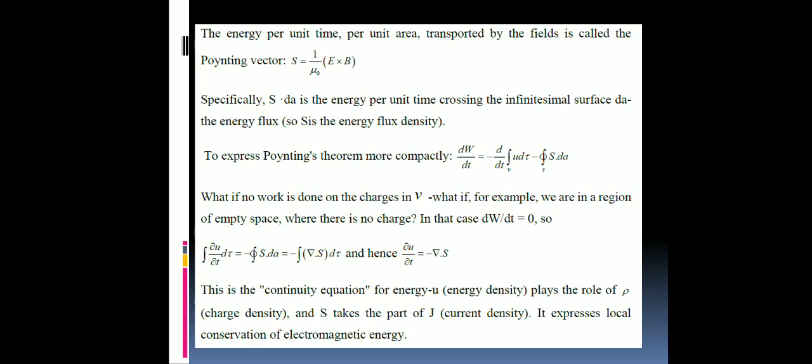If no work is done on the charges in volume V, that is, there is no charge, in that case dW by dt is 0, so that integral of dou u by dou t d tau is equal to minus closed surface integral of S dot dA, that is equal to minus integral of del dot S d tau, by using the Gauss divergence theorem.